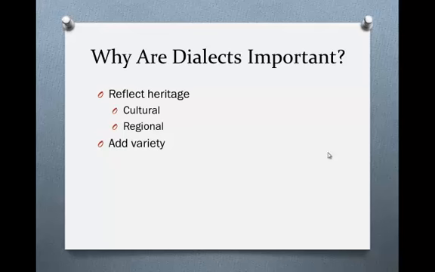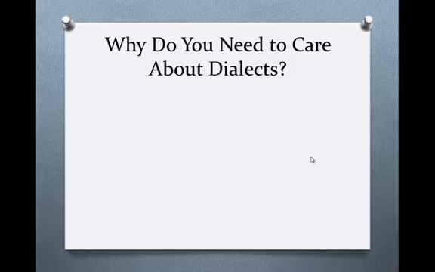So why do you need to care about these things? First of all, you need to be aware that dialects can cause misunderstandings. If you move to a different region or you enter into a different cultural area and you ask for one thing, they may look at you kind of funny. For instance, and this is a small instance, but it is an example of a misunderstanding. I went to an ice cream shop in Pittsburgh, and I desperately wanted sprinkles on my ice cream.